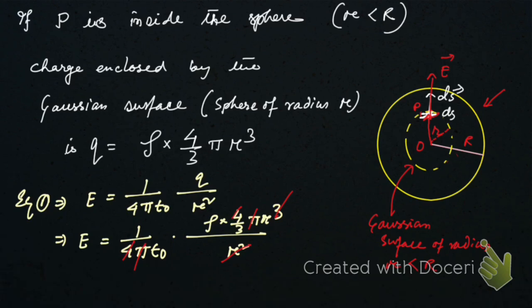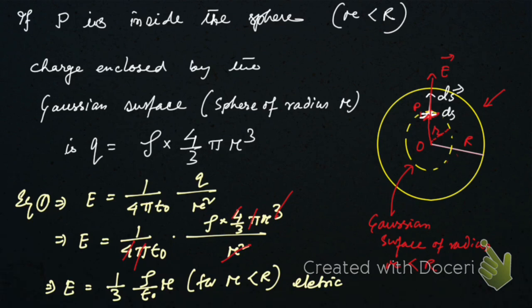That is why we get E is equal to 1 by 3 into rho by epsilon naught into small r, for small r less than capital R. This is the electric field at P due to the sphere. Hope you have understood this.